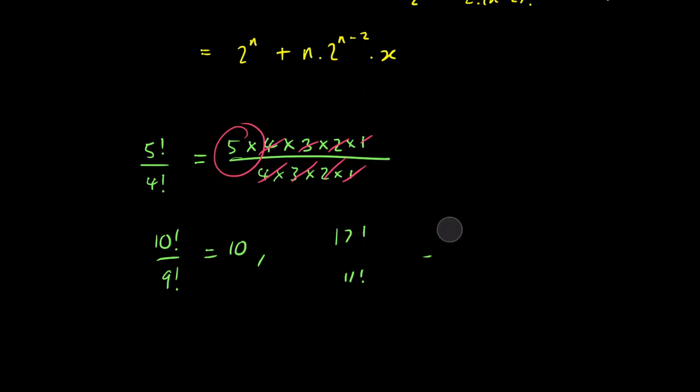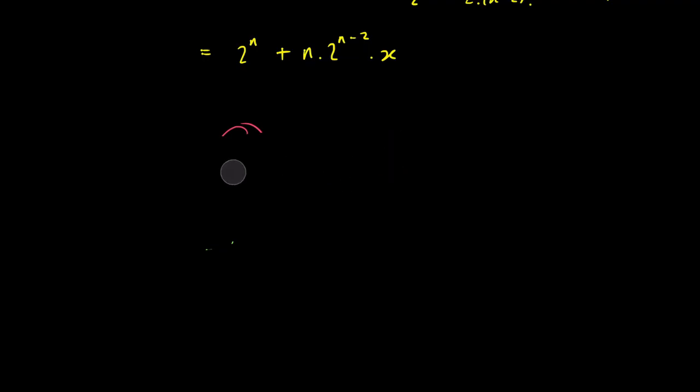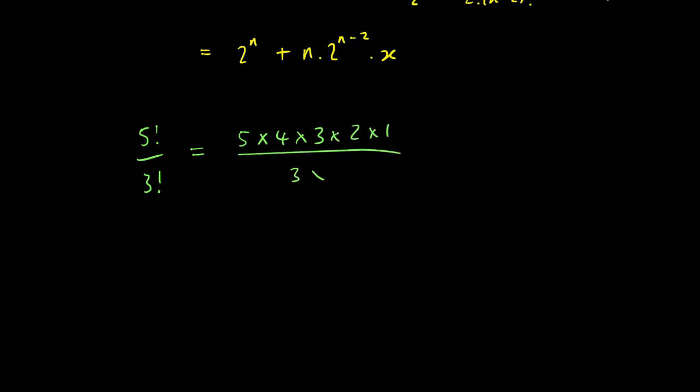Well, this also applies if we were to have, for example, 5 factorial divided by 3 factorial. Right, so if we've got 5 factorial over 3 factorial, then that would be 5 times 4 times 3 times 2 times 1 on the top, divided by 3 times 2 times 1 on the bottom. And the 3, the 2, and the 1 all cancel off, so we're left with 5 times 4.